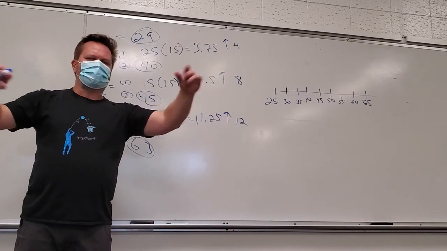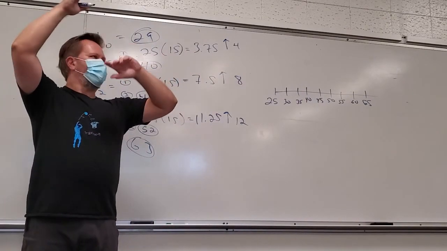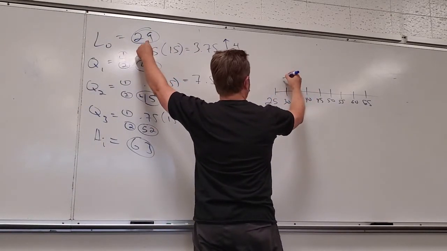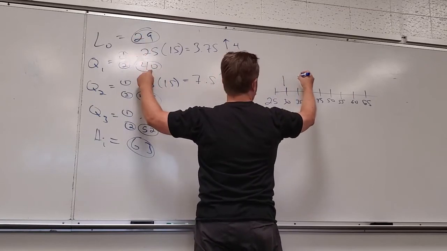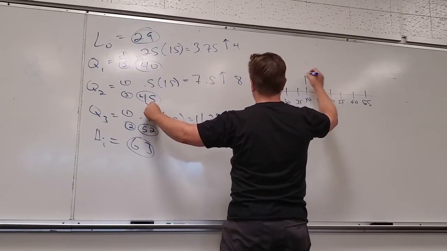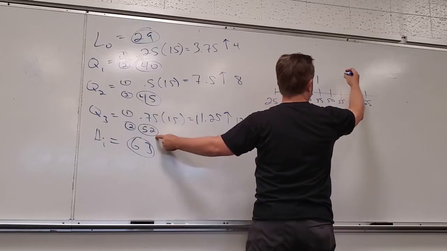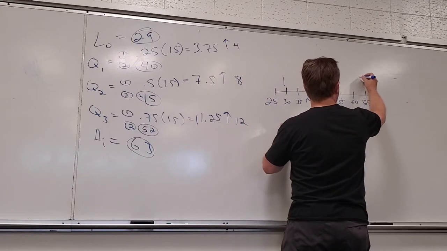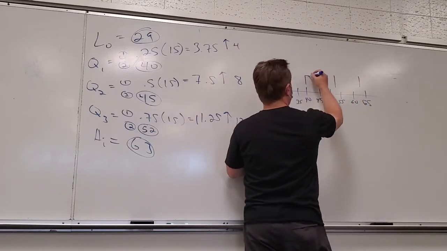By this time we've done enough of these. 29, put a line. 40, put a line. 45, put a line. 52, 63. These are the only lines you should do.